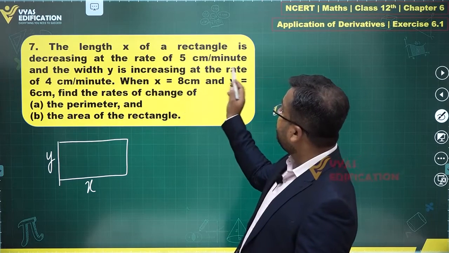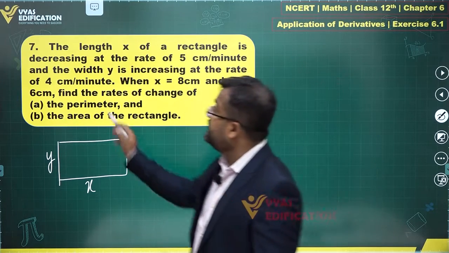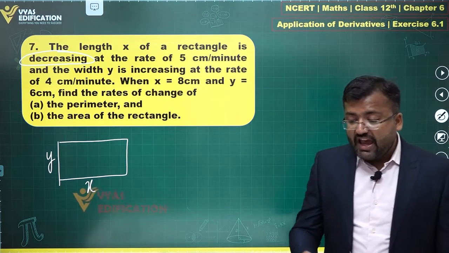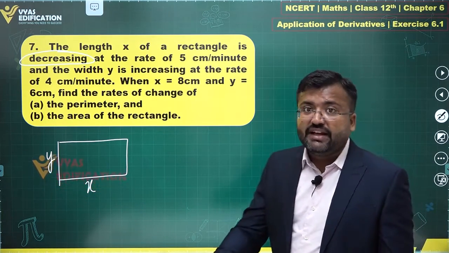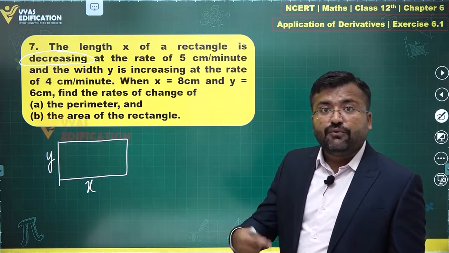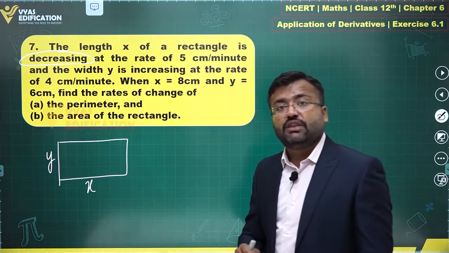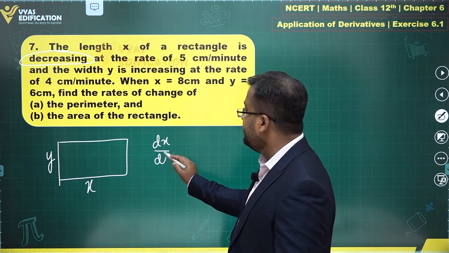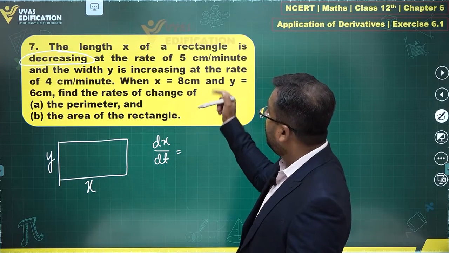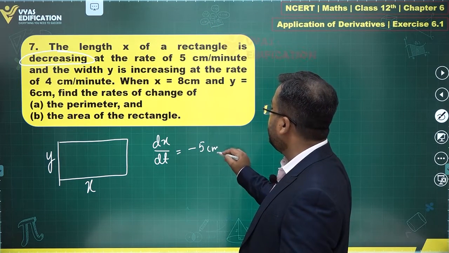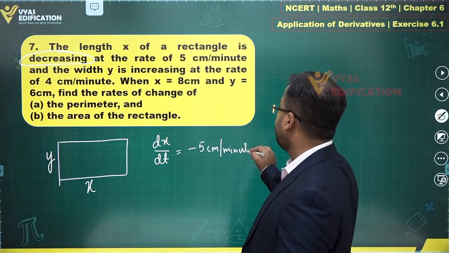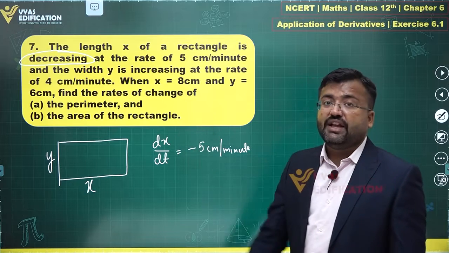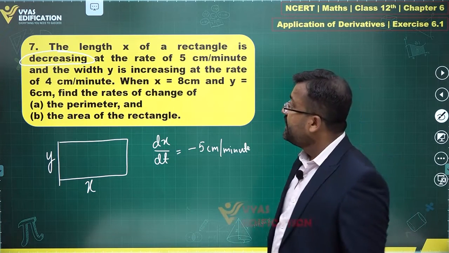Right. Length x of a rectangle is decreasing. Mind you, decreasing is the word which we are using over here. Decreasing implies that as time increases, the length decreases. Therefore, you will have an overall minus sign over there because of the word decreasing. So dx by dt will be minus 5 centimeter per minute. Don't make a mistake over here. This is minus 5 because of that decreasing, right? Remember this.